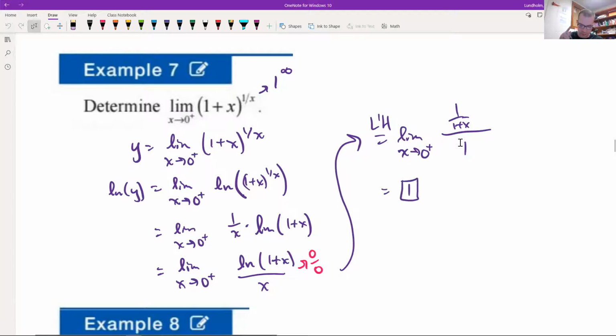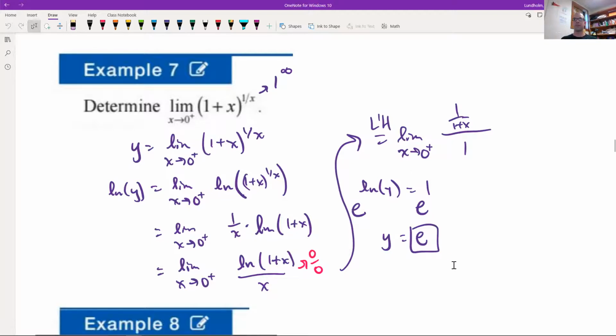Well, hold up. I shouldn't put a box around that necessarily, because this whole string of equal signs tells us that the natural log of y equals 1. I wrote that natural log of y down to remind me at this part, if we want to figure out what this limit actually is, we need to get back to y, which tells us if we exponentiate on both sides, we get y on the left-hand side, and we get e on the right-hand side.